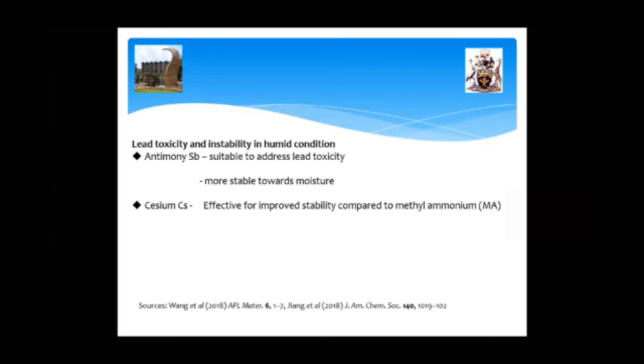Researchers are trying to work out other materials that can be suitable to replace the lead, which is toxic. In this case, we are proposing to substitute lead by antimony, which is stable towards moisture and also suitable to replace lead.